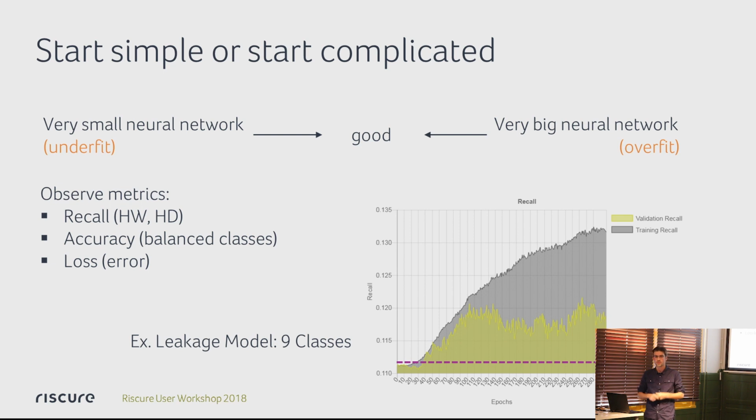Otherwise, it's not applicable. But for side-channel analysis, you don't need a model that classifies everything with 100% accuracy. Let's say if you have 9 classes in your traces and you try to guess randomly the class of one trace, you have 1 in 9. Let's say this 0.11 will be the random guess. That's the accuracy of a random guess that you get from the traces.